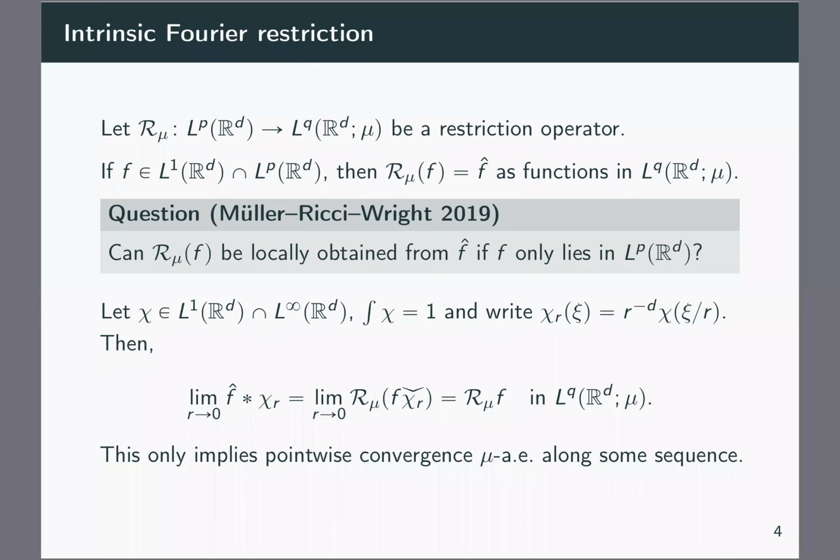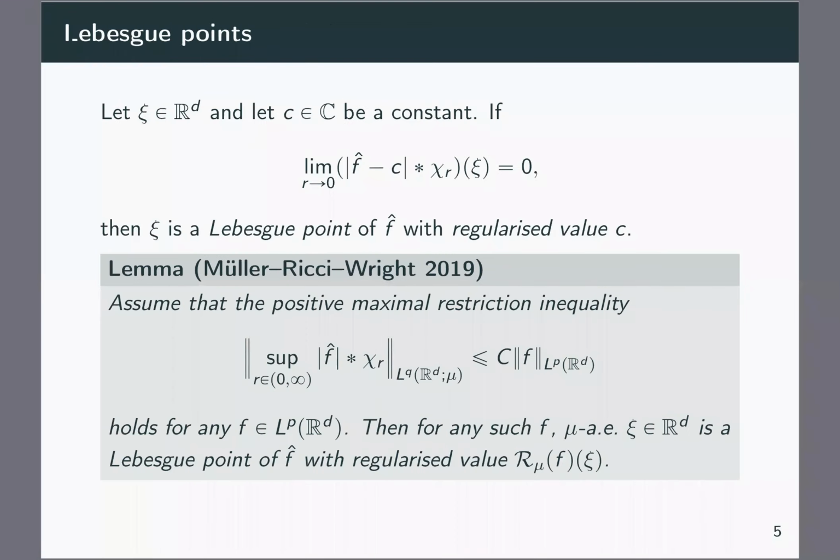Here we want to do better, we want to strengthen the mode of convergence. We will do so by, instead of using the restriction inequality, using a stronger inequality that implies restriction. The mode of convergence we're interested in is related to Lebesgue points.